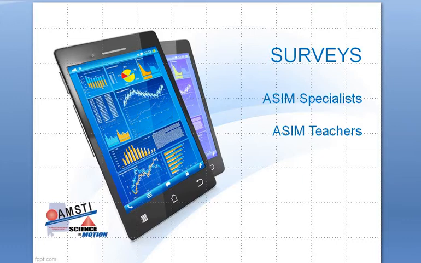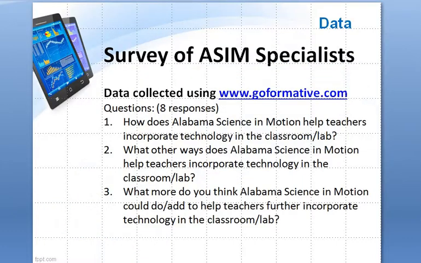I conducted some surveys with the specialists to see what they thought about Science in Motion and its incorporation of technology, as well as with some Science in Motion teachers to get their thoughts. So for the Science in Motion specialists, I used the app GoFormative.